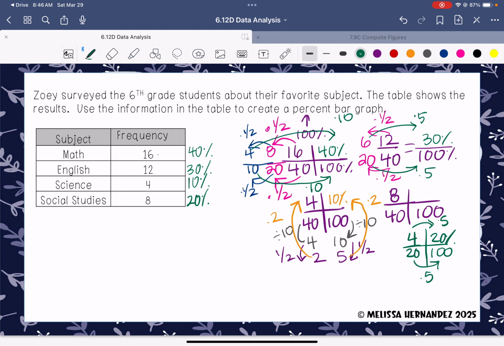Okay, I'm going to do a percent bar. Now remember, percent is out of 100. The entire bar is 100%. I'm going to break it up into 10 parts. I'm going to do the best I can by eyeballing it.